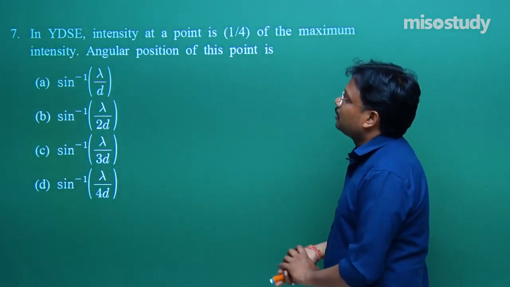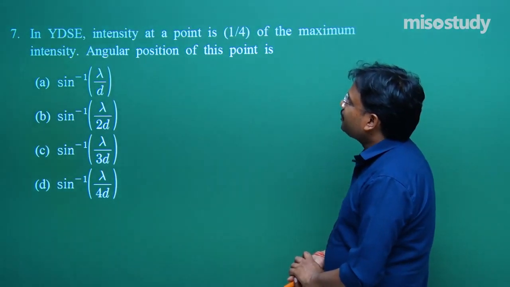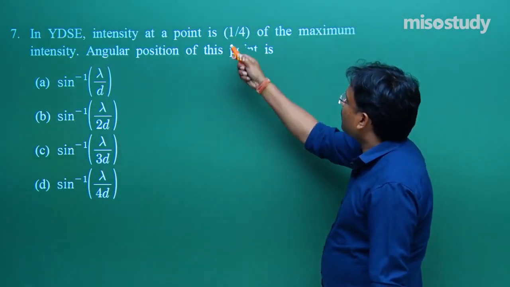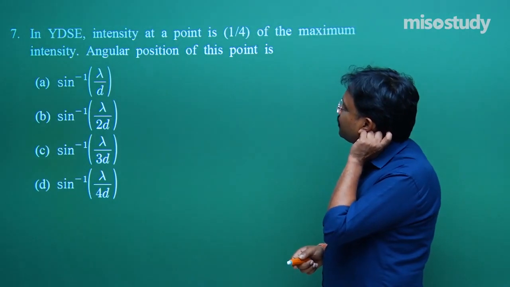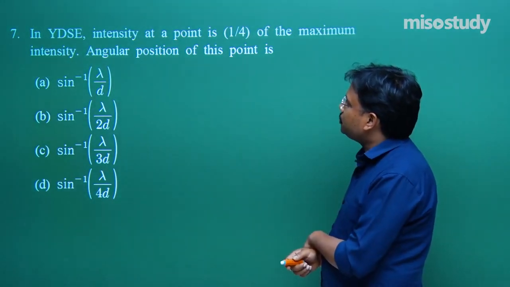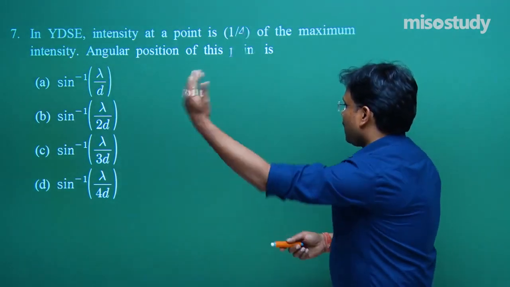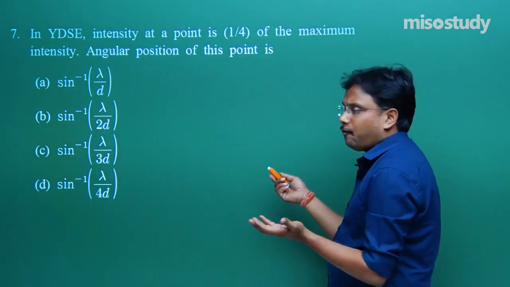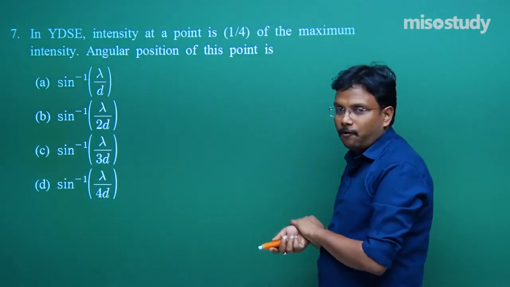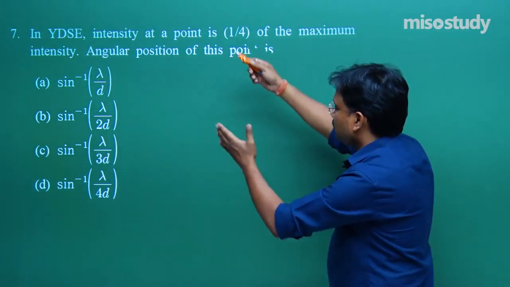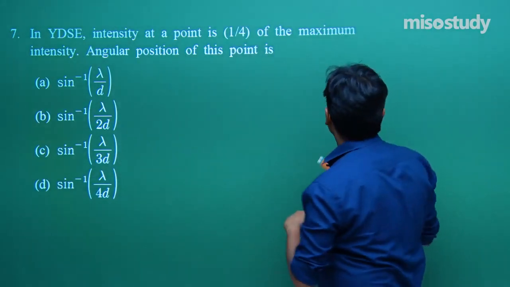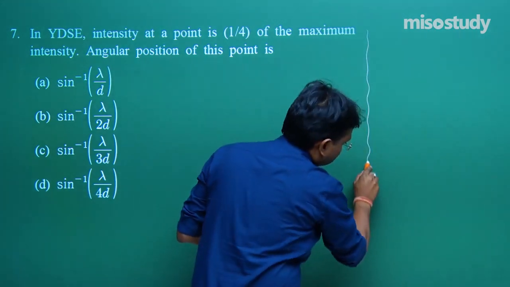In Young's double slit experiment, the intensity at a point is 1/4 of the maximum intensity. What is the angular position of this point? I will use the direct formula-based approach and then you can match your options.